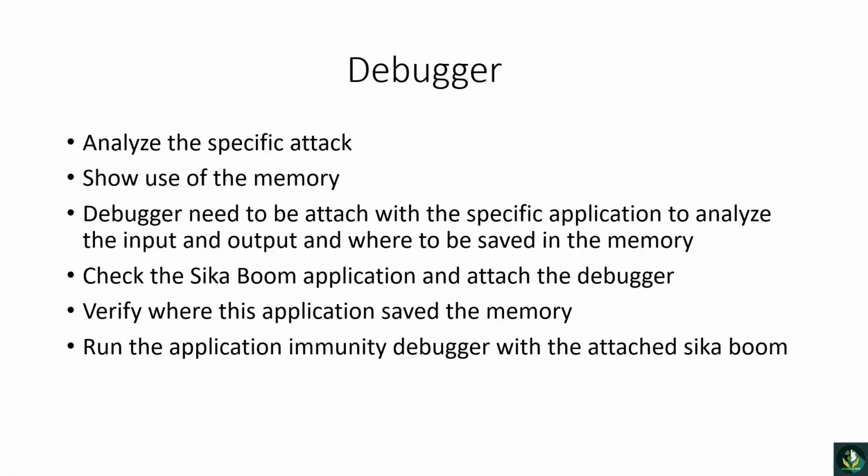So now we know that the Chikaboom application is vulnerable, and if we send to the application 5000 A's or B's or whatever character, it will crash. So this application does not validate the input, and accordingly I can get the benefit or utilize it to compromise it.